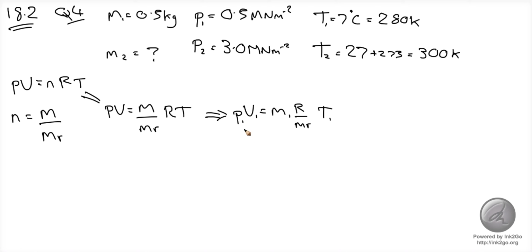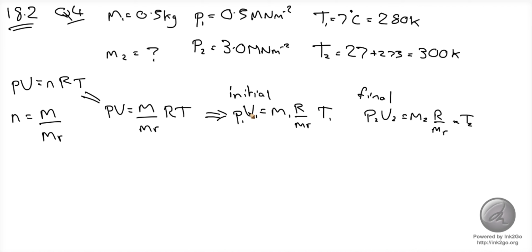So if we were to do that for the initial state, and then for the final state, we've got P2, V2 equals M2 R over relative molecular mass times T2.